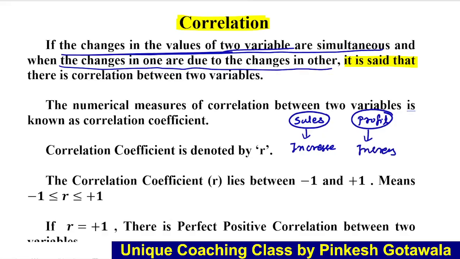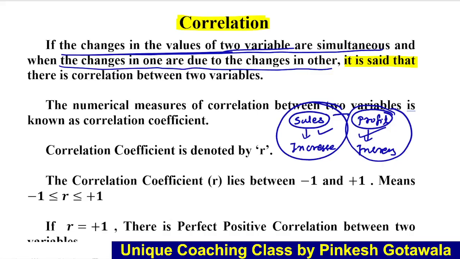Right, જો સેલ increase થશે તો common છે profit પણ increase થશે. So it's happened due to sales, profit changes due to sales. So here you can see that the change in profit occurs only due to sales. Okay, sales ના કારણે અહીંયા profit માં changes આવ્યો છે. Clear? So here it says that there is a correlation between them, sales and profit.